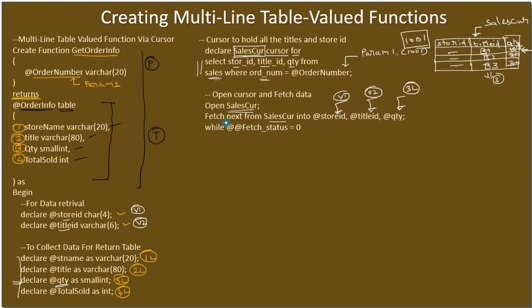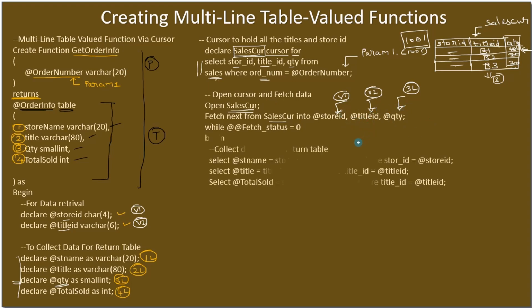So fetch next from sales cursor means from this in-memory table into the local variables which are part of this function body. So we filled these variables. Next we are using the while here: while @@fetch_status equals 0.